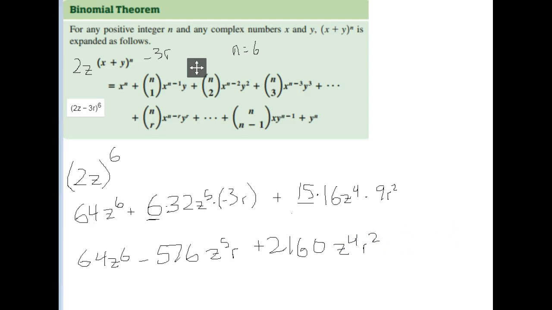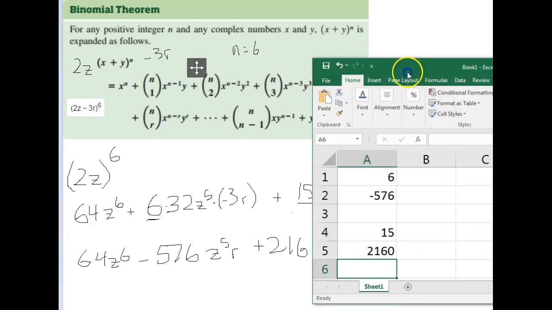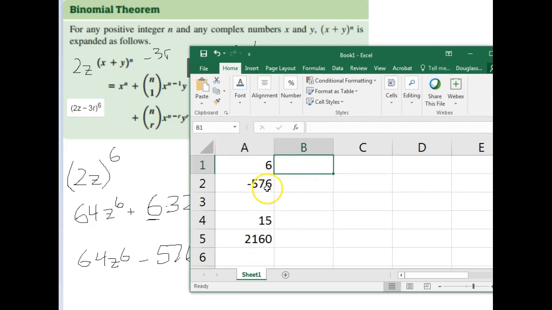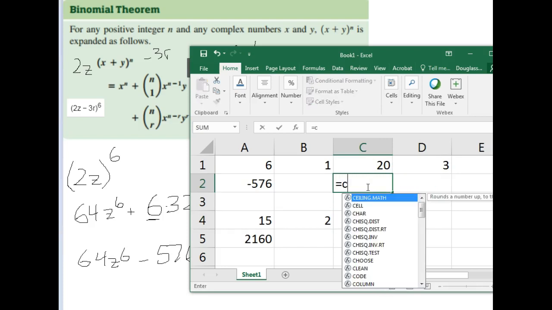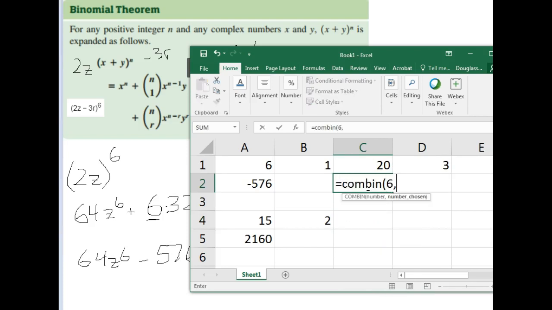You're also going to notice a pattern in these combinations. What did we have here? This was 6 combination 1. This is 6 combination 2. 6 combination 3 comes out to 20. And you'll notice this no matter what value it is for n. So 6 combination 4, now we're back down to 15.